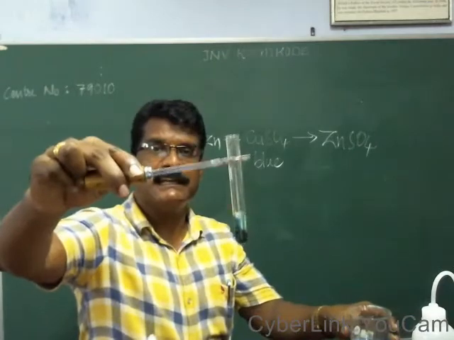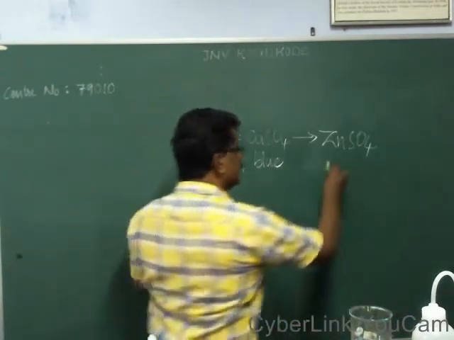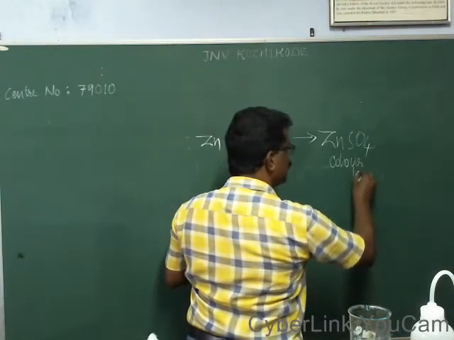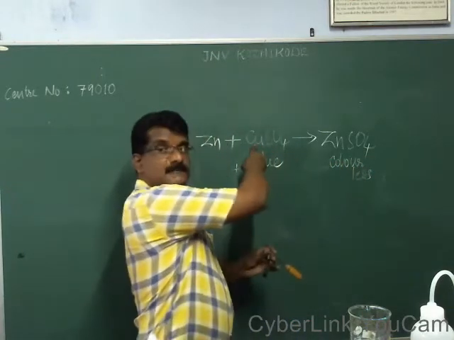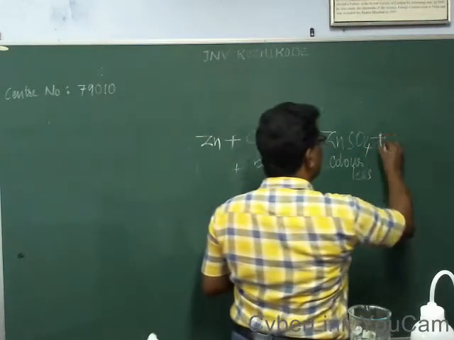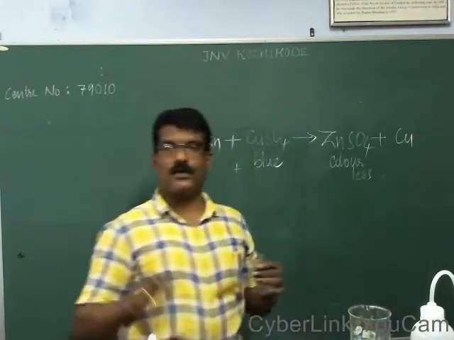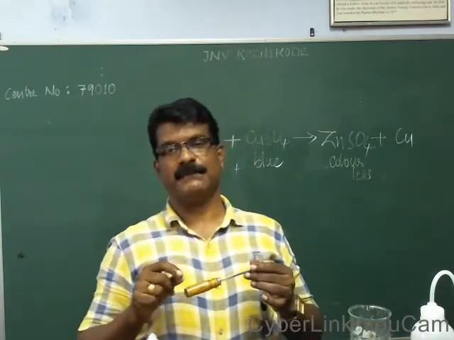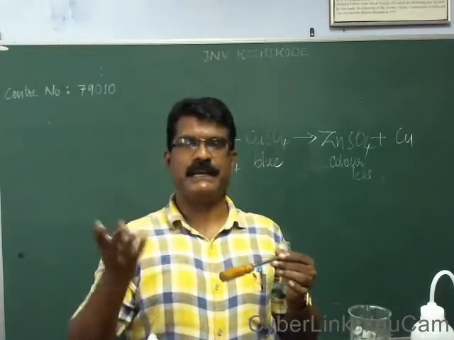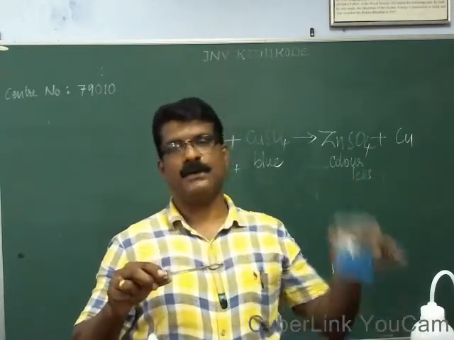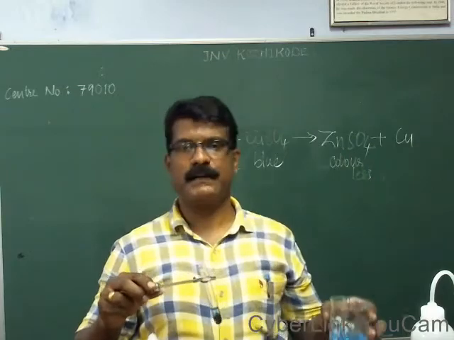Because zinc sulfate is colorless. Copper is displaced by zinc, and zinc sulfate and copper are formed. From this displacement reaction, we can understand that zinc is more reactive than copper. Are you clear?